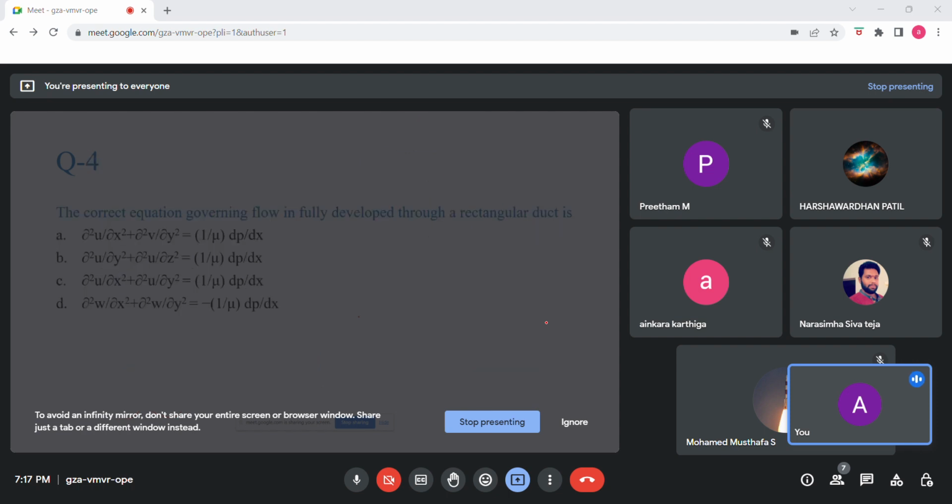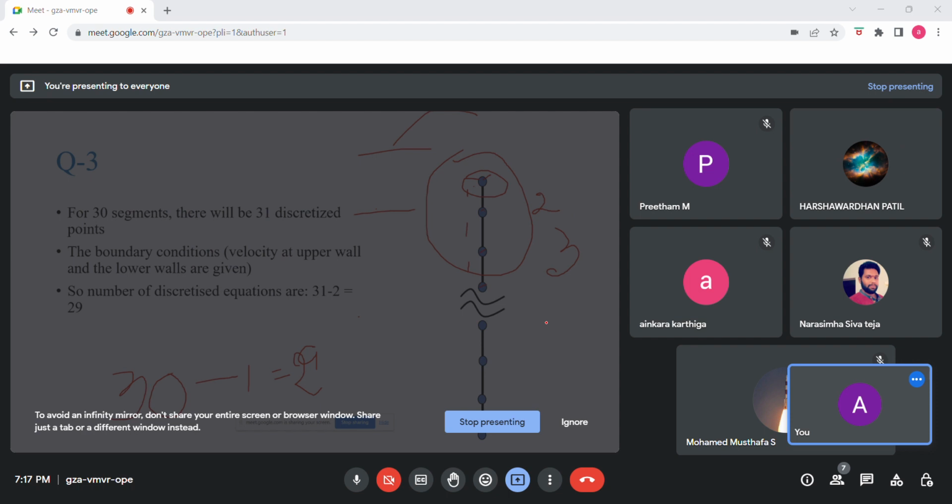Why are there 31 discretized points and not 30? Because we start the gridding from the first division, right? So that is always beyond the boundary, not at the boundary. No, we'll be considering everything. What I'm saying is you will not be discretizing, in the sense you will be considering all the points.